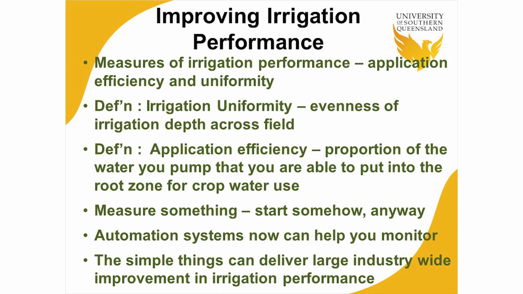So there's no point running water off a field when you're irrigating. There's no point putting water beyond the soil moisture deficit and deeper into the root zone and past the root zone at the base. You're actually trying to get every quantity of water, every piece of water that you pump, into the actual root zone itself.